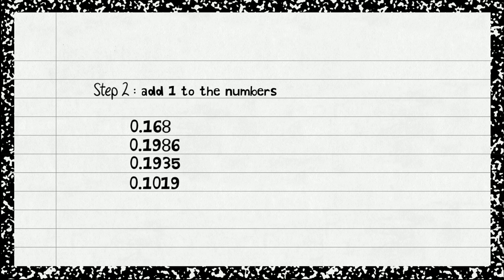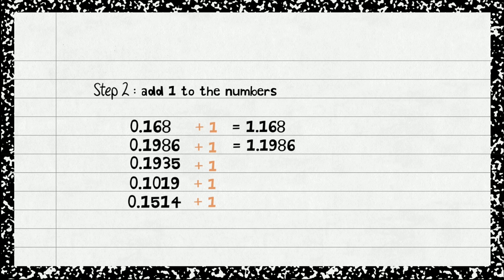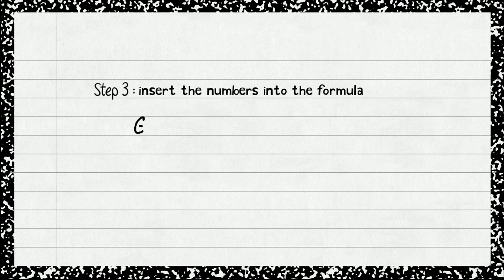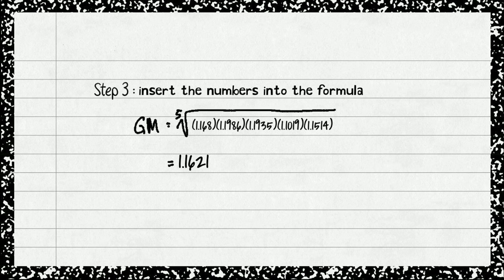Step 2. Add 1 to the numbers. So it becomes 1.168, 1.1986, 1.1935, 1.1019, and 1.1514.